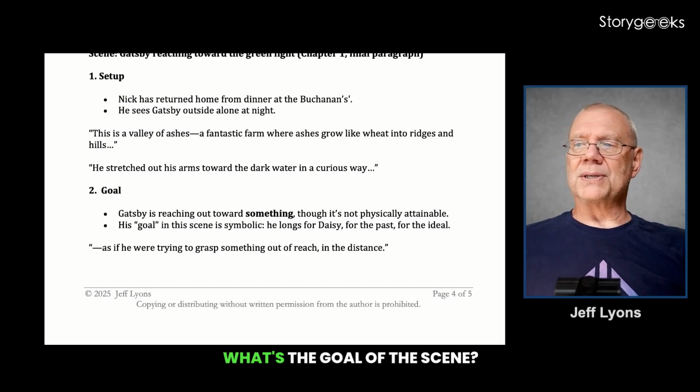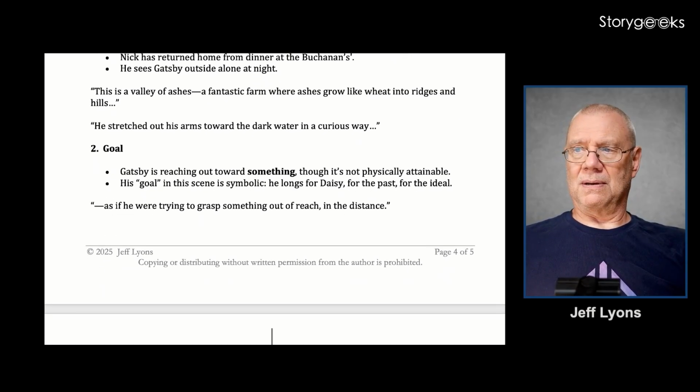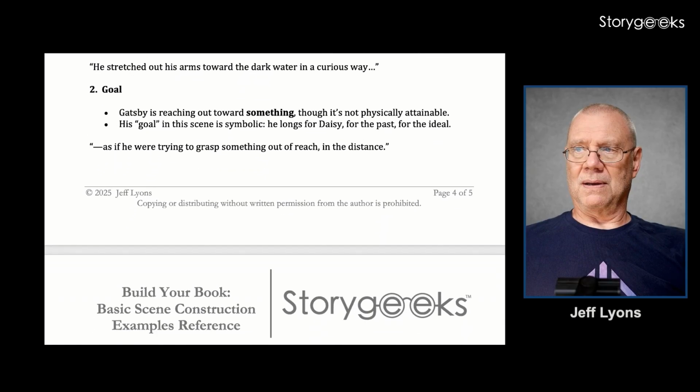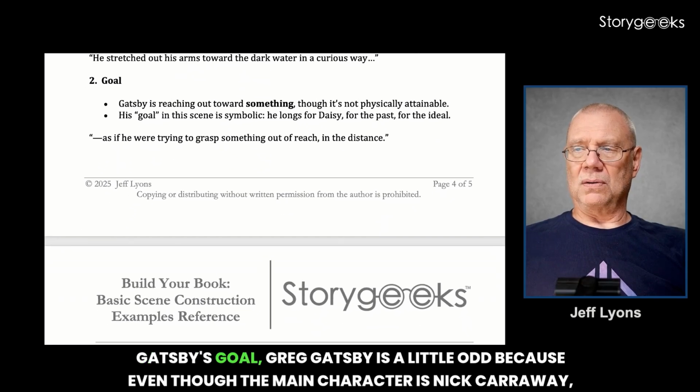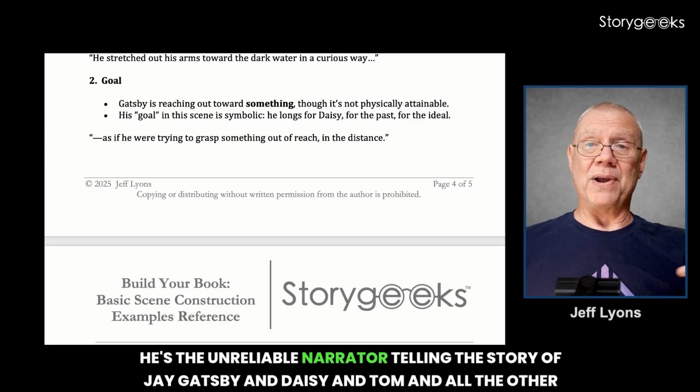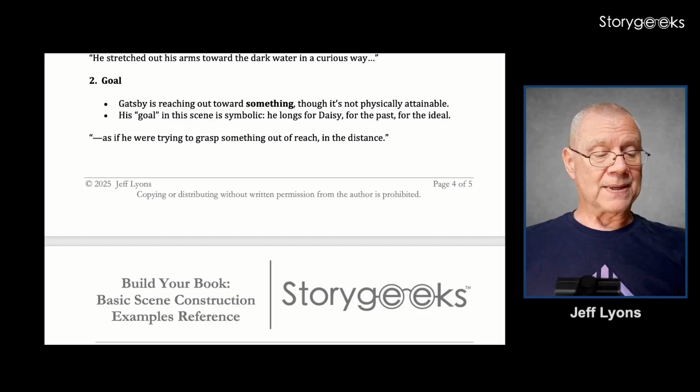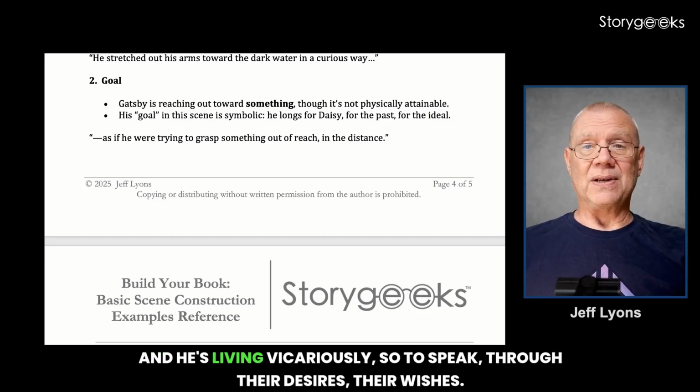What's the goal of the scene? Great Gatsby's a little odd because even though the main character is Nick Carraway, he's the unreliable narrator telling the story of Jay Gatsby and Daisy and Tom and all the other people in the story. And he's living vicariously, so to speak, through their desires, their wishes.